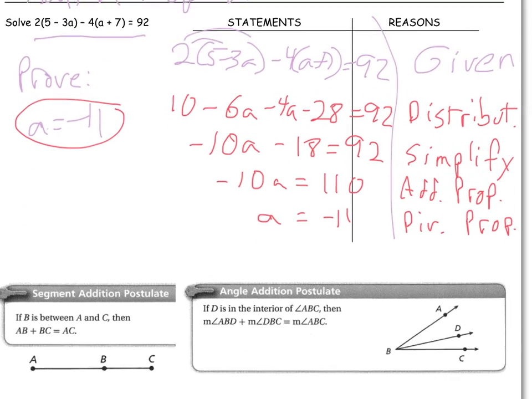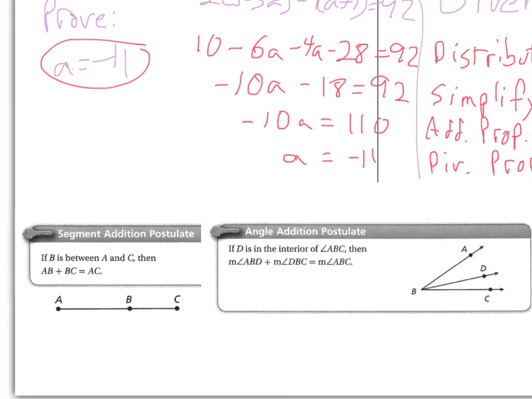Now, a couple other postulates that we want to talk about before we continue. Segment addition postulate just says that if I have a segment AC, well, it's equal to the two segments AB plus BC.